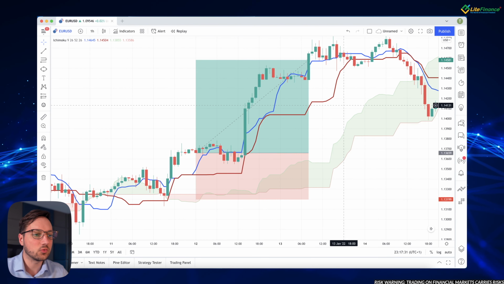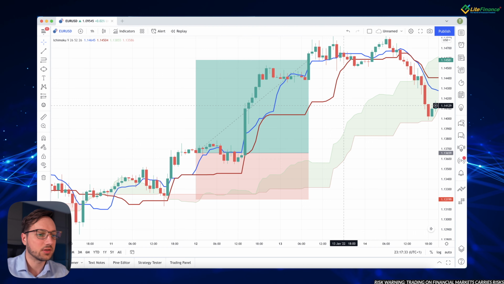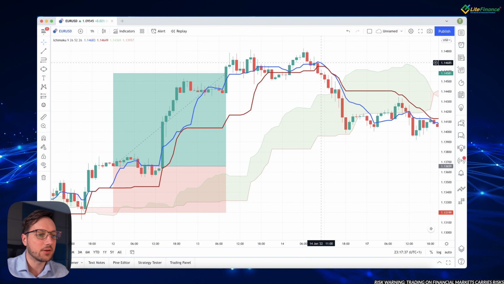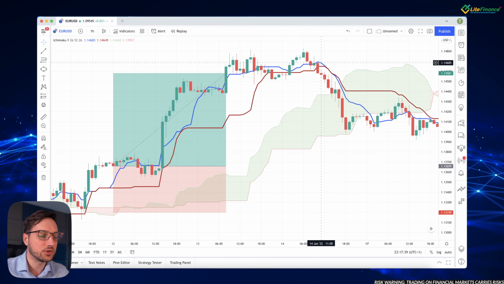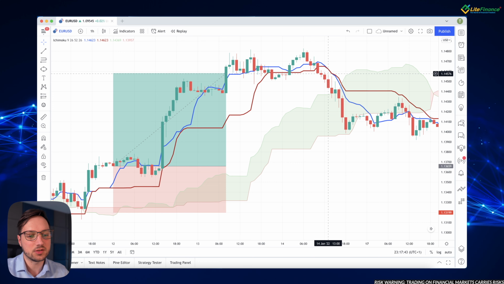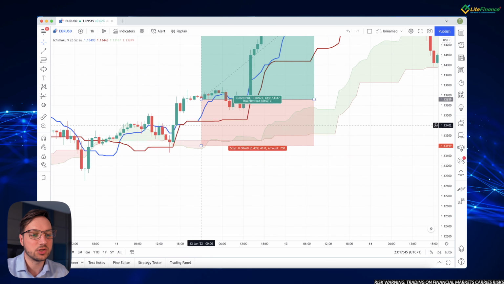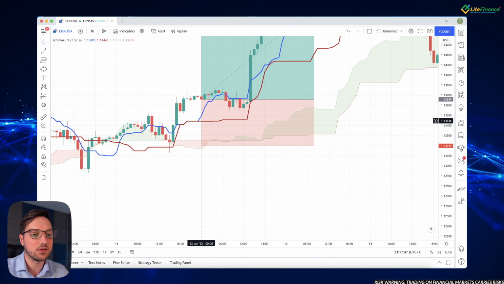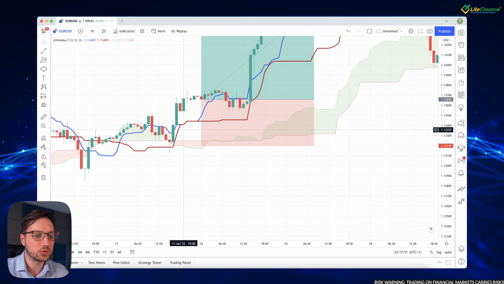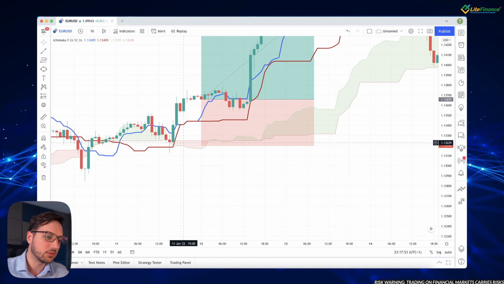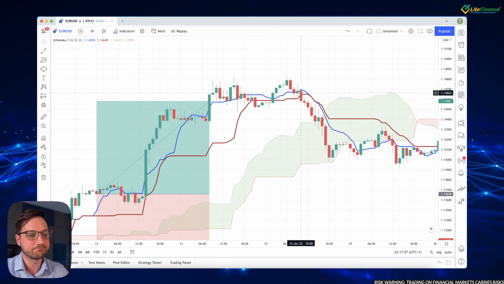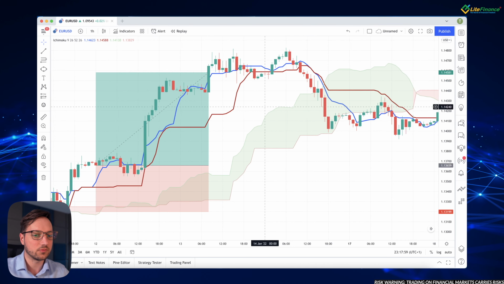The second way we can exit the trade is to look for the moments when the conversion line crosses the baseline in the opposite direction, which means in this situation, when initially it gave us the long signal for entering long, which means it crossed from the bottom to the upside, we are looking for the crossover from the upside to the bottom. So this one over here.